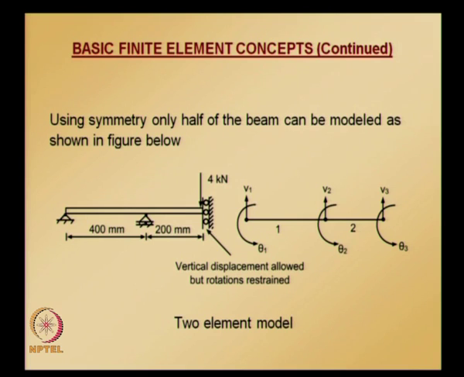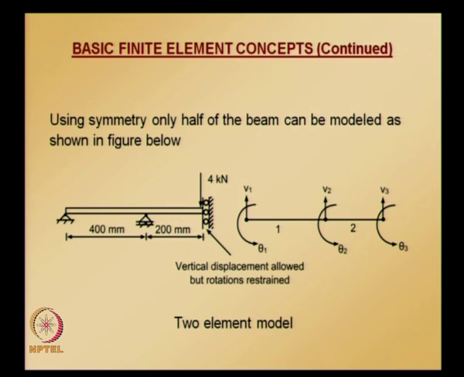Since we are considering only half of the beam, 4 kilonewton is applied. Please look at how symmetry is taken into account by introducing a support which allows vertical displacement, but rotations are not allowed at the point where 4 kilonewton is applied.